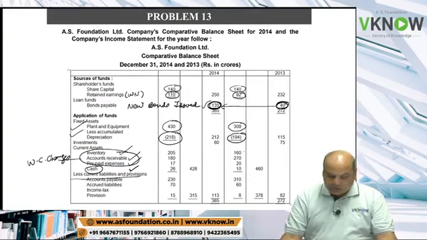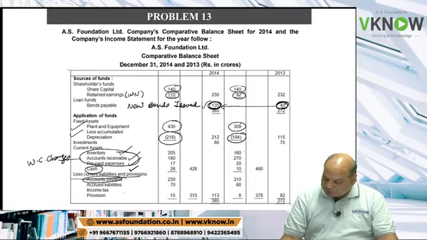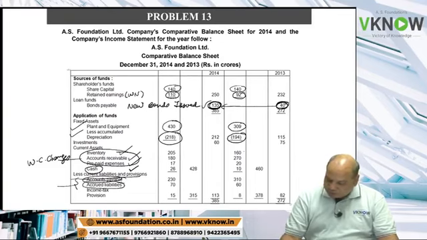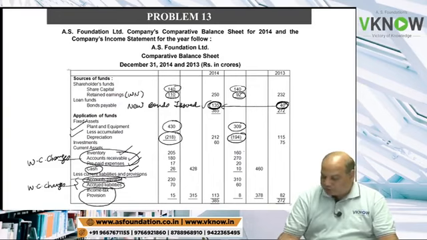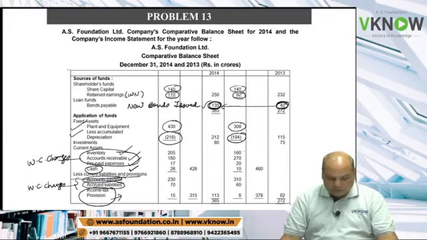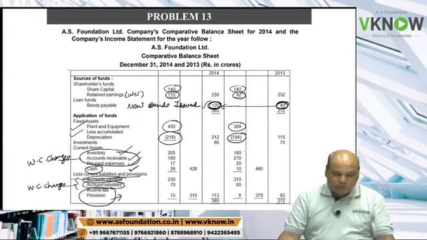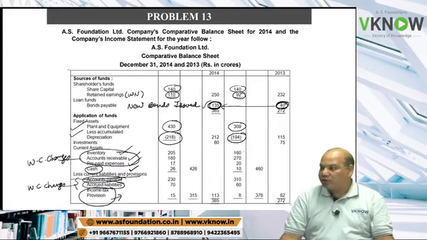Less current liabilities and provision: accounts payable, accrued liability. These two items will go to working capital changes. Income tax provision. So there is an income tax provision. We will see what we have to do with this. Any query on the balance sheet?